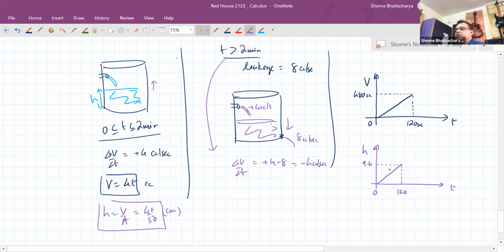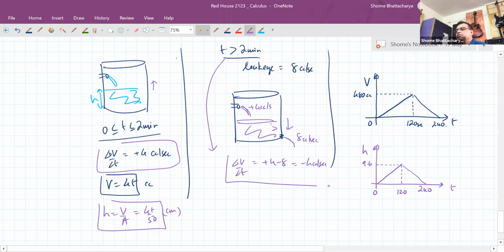So here it was increasing at the rate of +4, but now here it is decreasing at the rate of -4. So that means the volume will be changing like this with respect to time. Because it's falling at the same rate, so it will take the same amount of time to reach 0. So this should be 240 seconds when it becomes 0. This should be 240 seconds when the height again becomes 0.